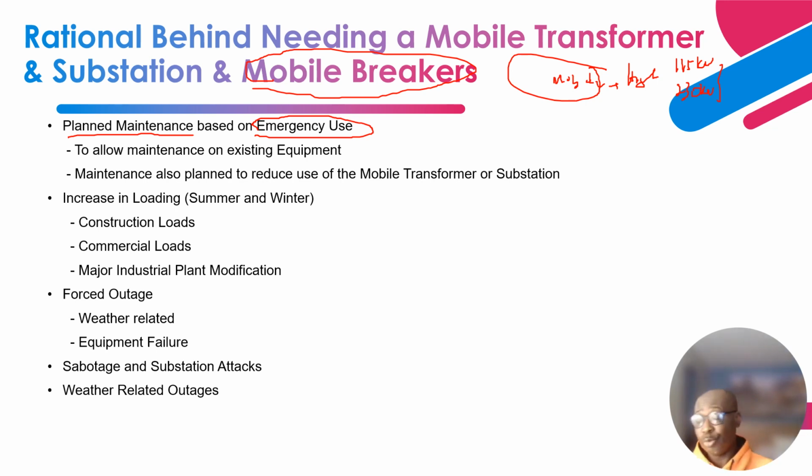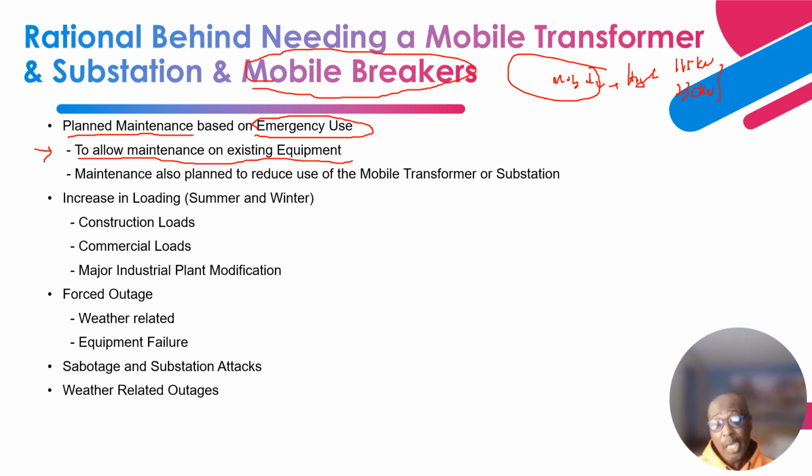They want to reserve it for real emergency need. On the other hand, if need be, sometimes they don't have a choice but to use it for plant maintenance.